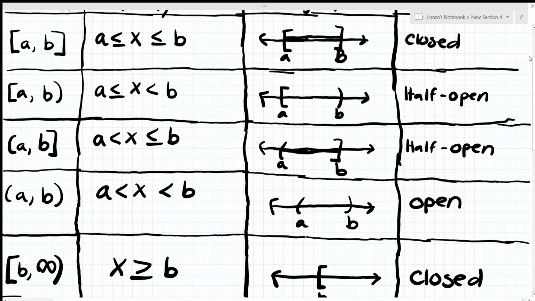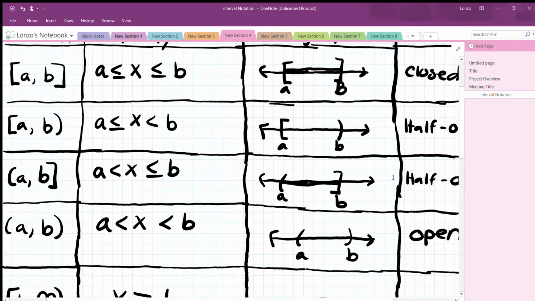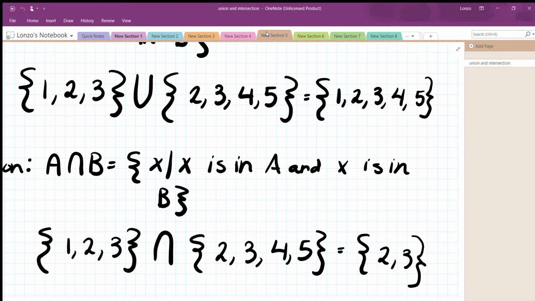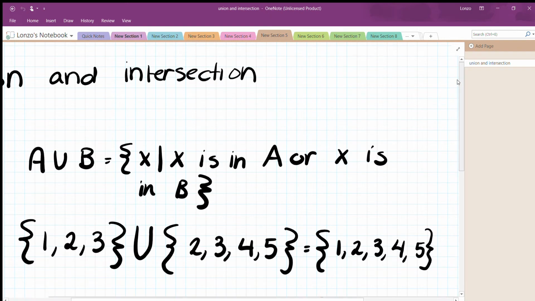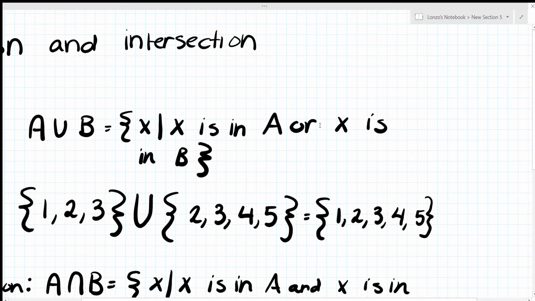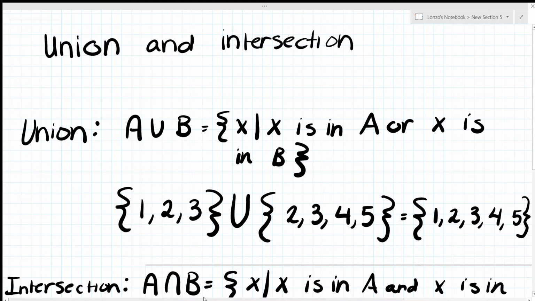So let's actually do some problems. Oh, before that we've got to go over unions and intersections. These are really simple. Just remember when you're dealing with unions, an example would be A union B, and in numbers, if you had 1 2 3 union 2 3 4 5, you just have to write all the numbers once.